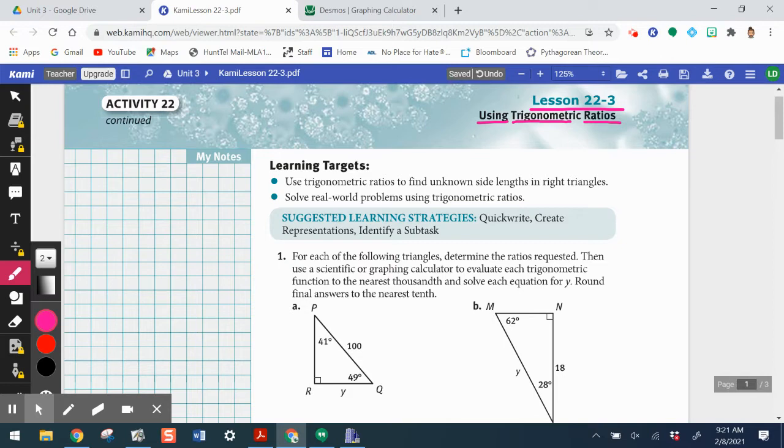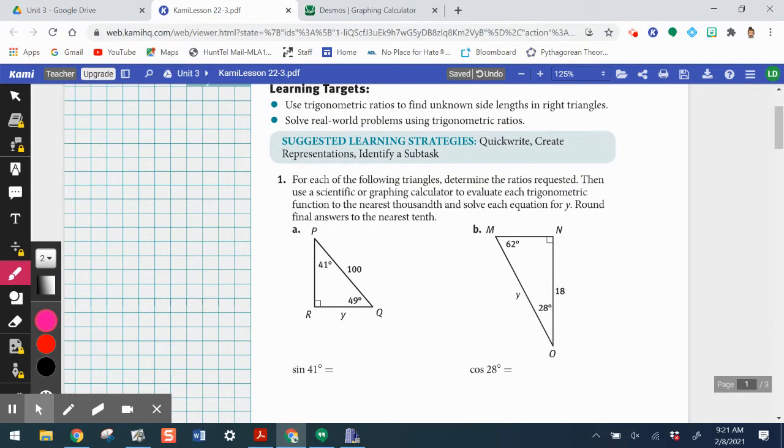In the previous lesson, we learned what those ratios were, so let's just recall. When we use the term sine, and again we use S-I-N, we are referring to the opposite leg of an angle compared to the hypotenuse of that triangle. And cosine, again, we use COS to represent cosine.